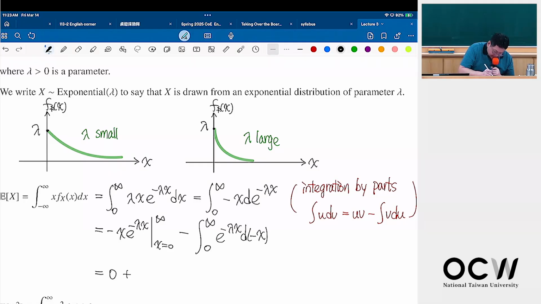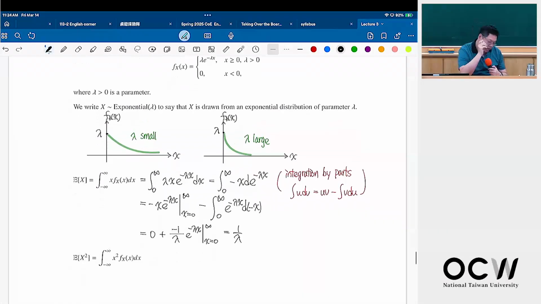So you have 0 plus minus 1 over lambda e to the minus lambda x, with x from 0 to infinity. That gives you 1 over lambda.